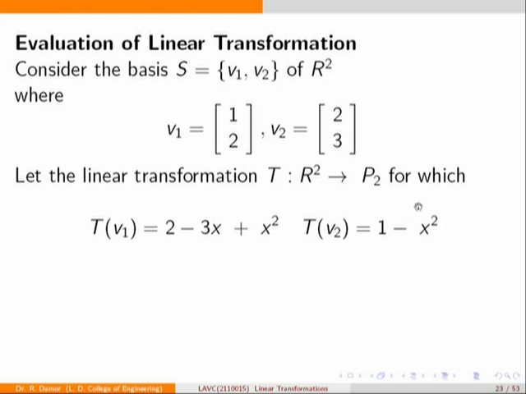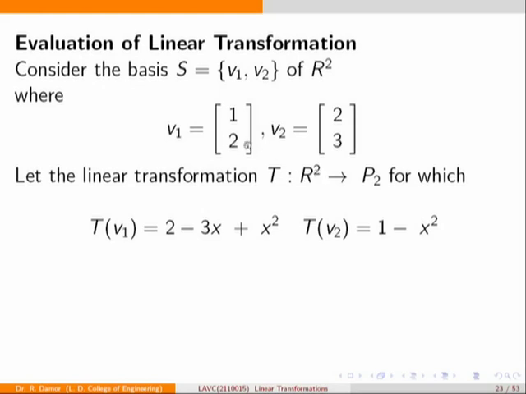So what is the first thing you have to do in this? Yes, you know that these two are the bases for R2. So any vector in R2 can be expressed as a linear combination of V1, V2. So this is the fundamental thing, okay? Because you know that any vector space can be spanned by its basis.